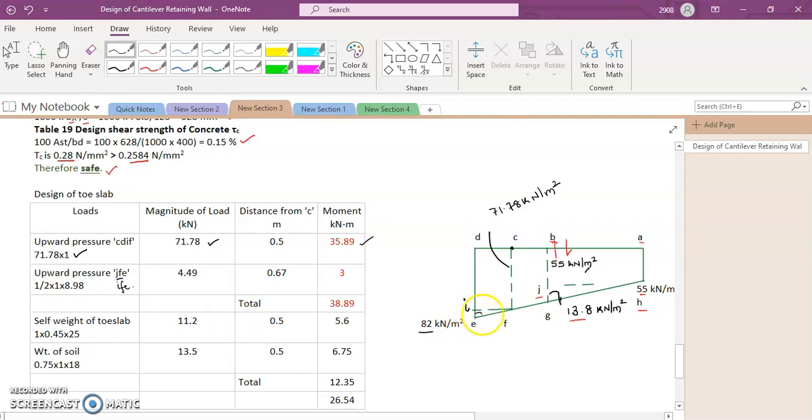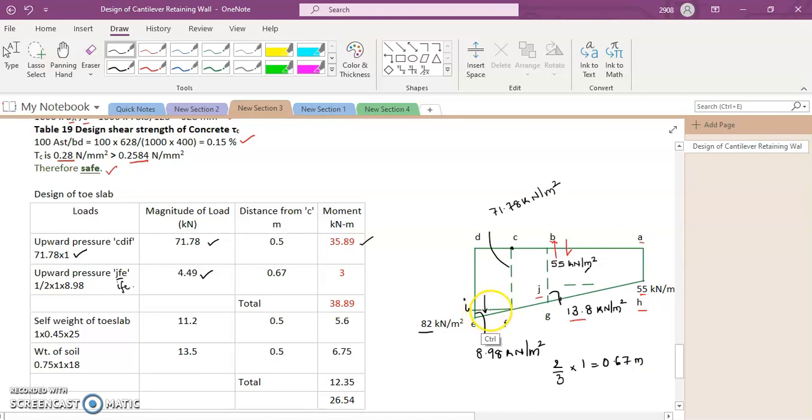This small portion here is 8.98 kilonewton per meter square, so it is 4.49 kilonewton. The centroid from C will be 2/3 from F, so it will be 2/3 of 1 meter, which is 0.67 meters.